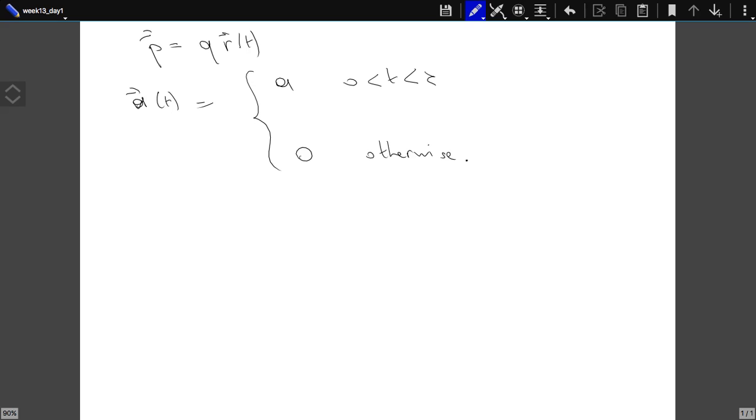Again, for simplicity, I will just consider a system that is at rest to start with. Or you can say that I'm in a reference frame in which the particle is at rest at t equal to 0. I can always choose such a reference frame. Since before t equal to 0 it's moving at constant velocity, I can always go to a reference frame which moves with that constant velocity, and in that new reference frame, it will be at rest.